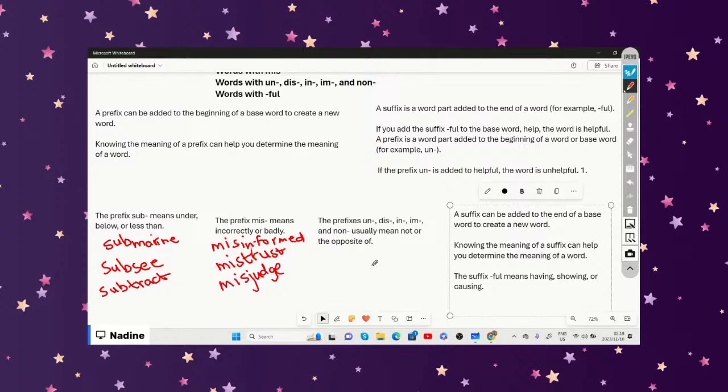So we can say informed, impatient, right? So these are words that start with, let's say, dis, and it can even be uninformed.